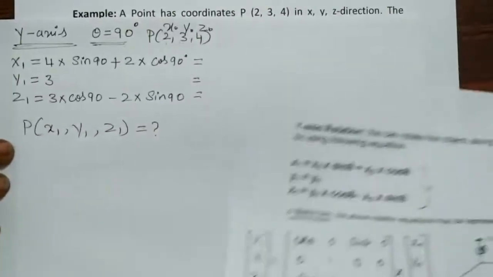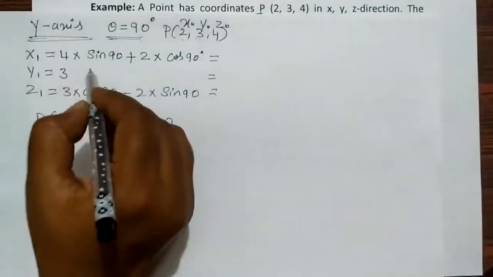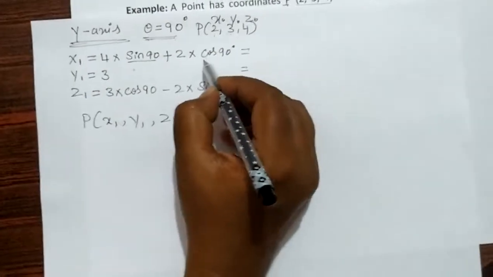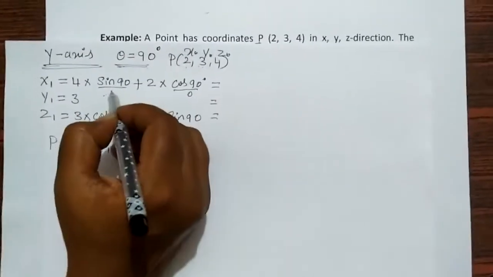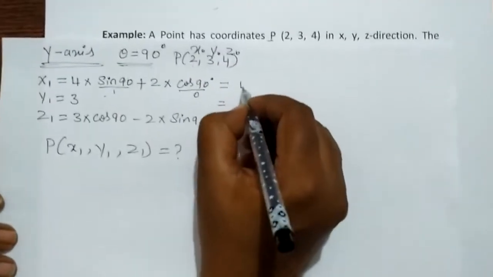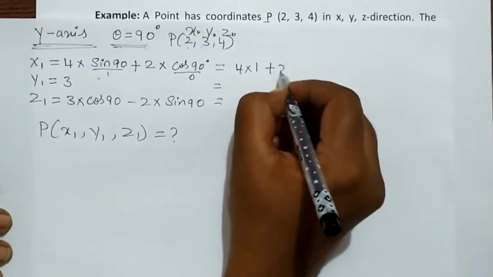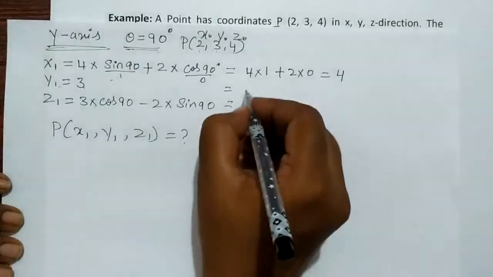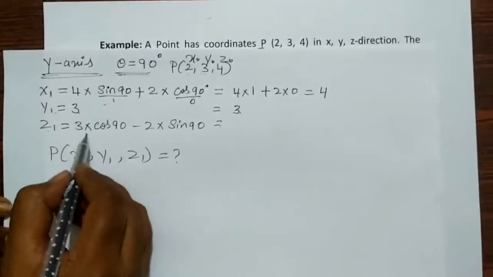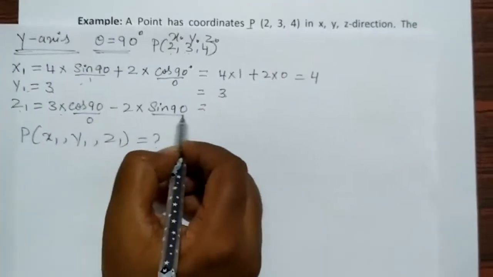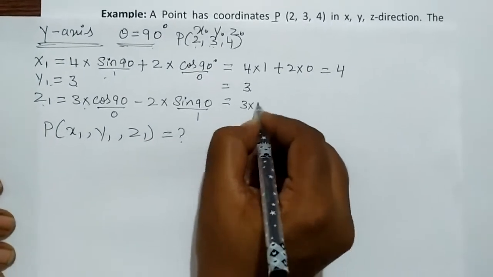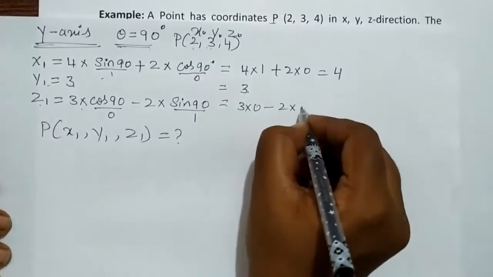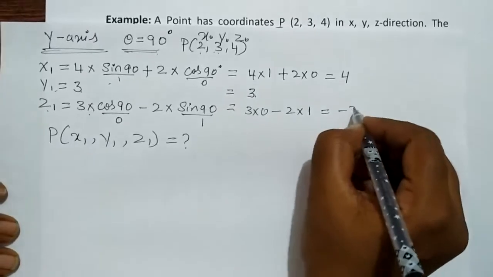4 into sin 90. What is sin 90? Sin 90 is 1 and cos 90 is 0. Right? So what does our x1 become? 4 into 1 plus 2 into 0, so this will be 4. y1 will be 3, and z1, with cos 90 as 0 and sin 90 as 1, will be 3 into 0 minus 2 into 1, so this will become minus 2.